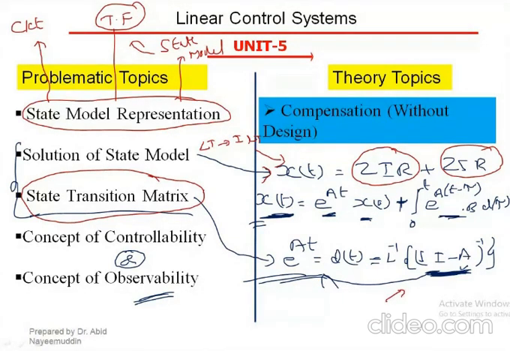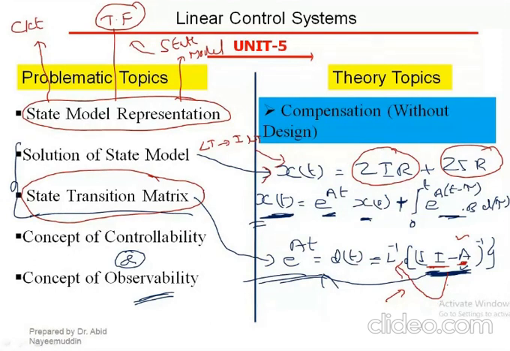He will be giving you the value of A in the problem, and he will ask you to find the state transition matrix. What should we do? Subtract the A value from sI, find the inverse of that particular matrix, and after that apply inverse Laplace transformation.